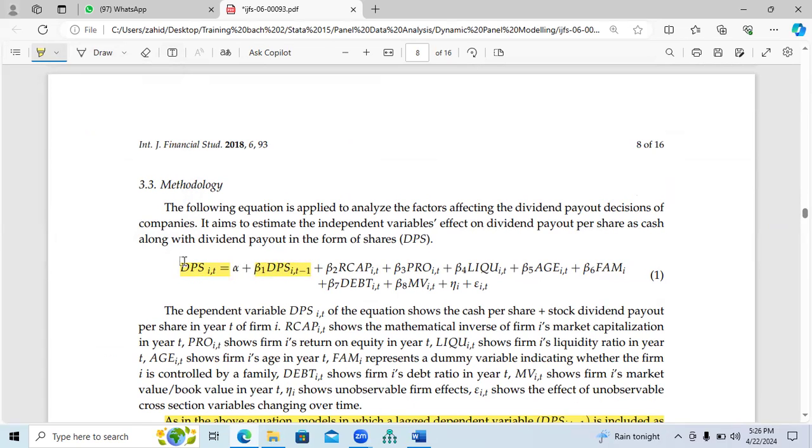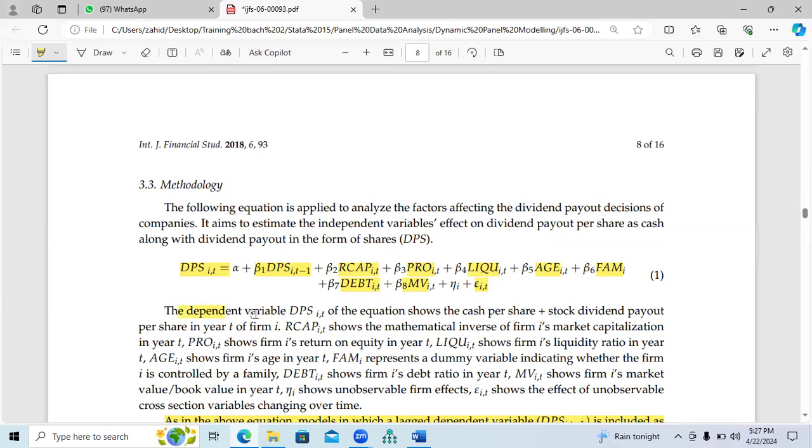So if you can see that the dependent variable is influenced by its own previous value, now it becomes the dynamic panel data model, while these are the usual independent variables they have used. And they have considered beta 1 as the first beta to consider the previous value of the dependent variable. So these are the independent variables in your model, and this is your error term.